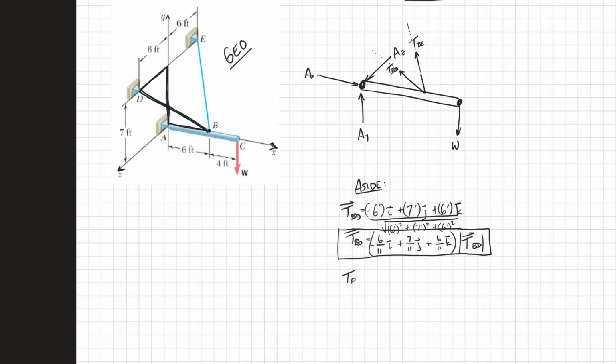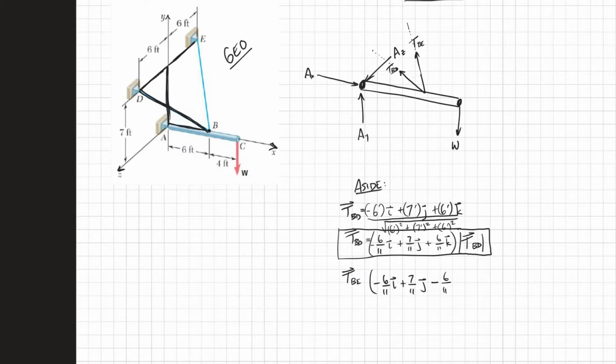Okay, I'm going to note that TBE is the exact same, except for the fact that in the z direction, it's going negative, right? So basically, it's going to look exactly the same, negative 6 over 11 i plus 7 over 11 j minus 6 over 11 k, because the k direction is negative.